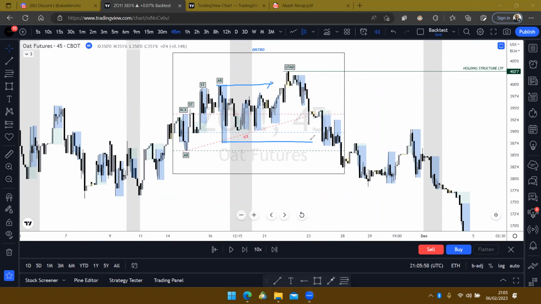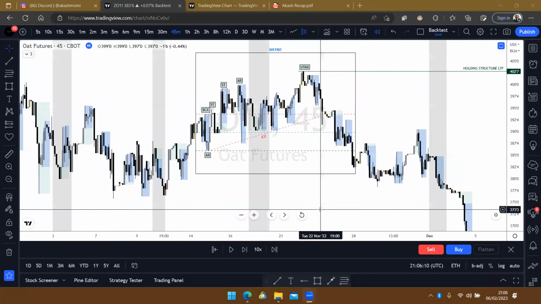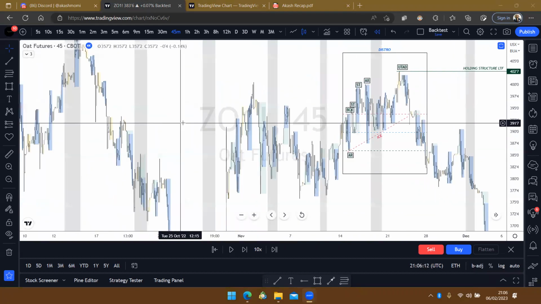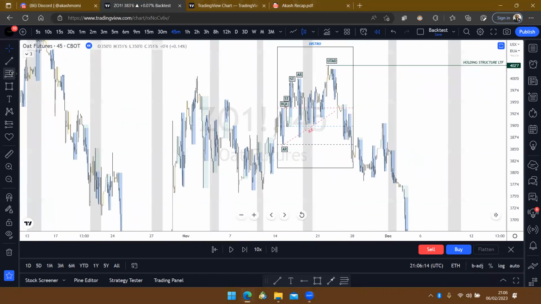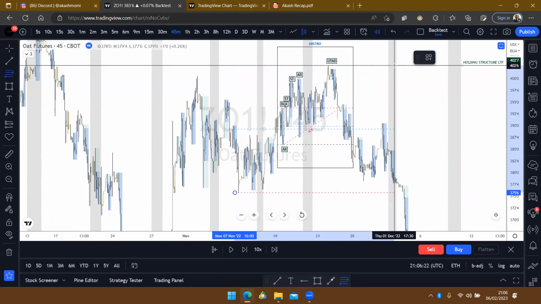So I would need this to break, and then this is for me to play in that test to go down. Of course, we can see now we haven't got it, so we also needed that to break, and then we've got that. So couple of things we can do. Just measure the whole thing from that to that.